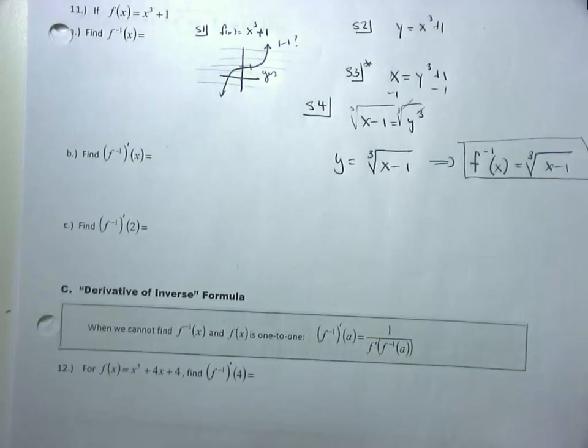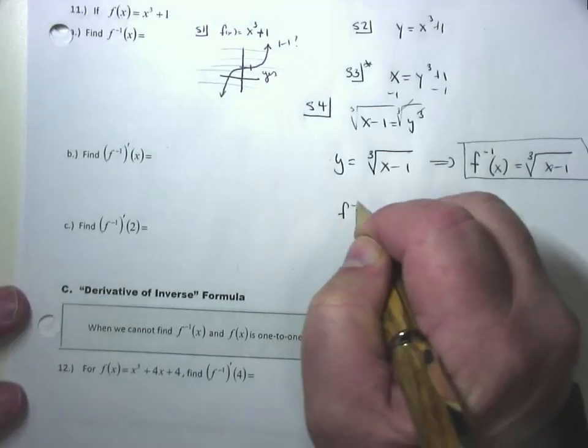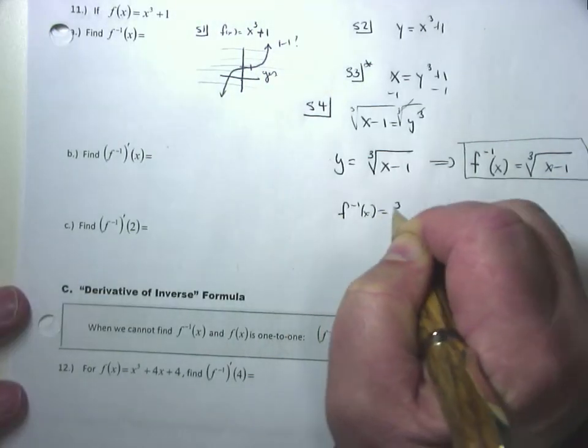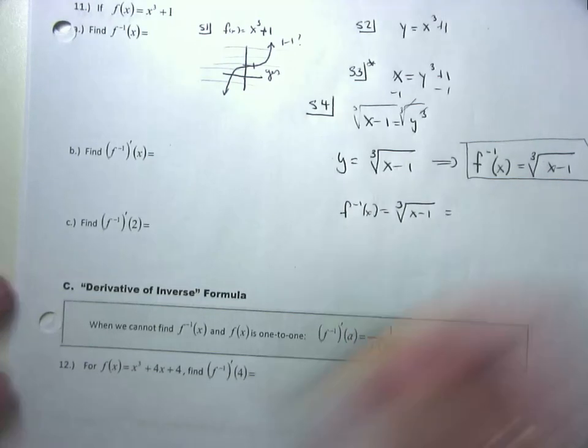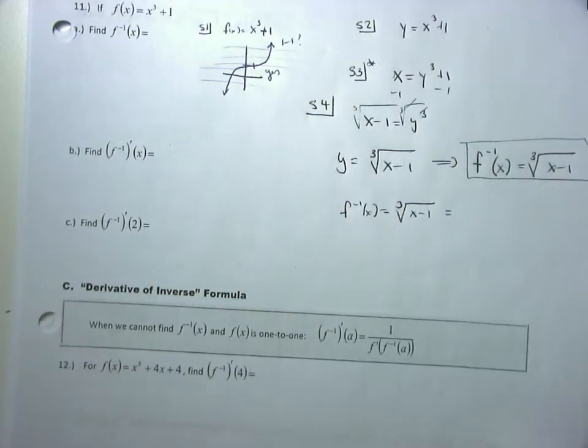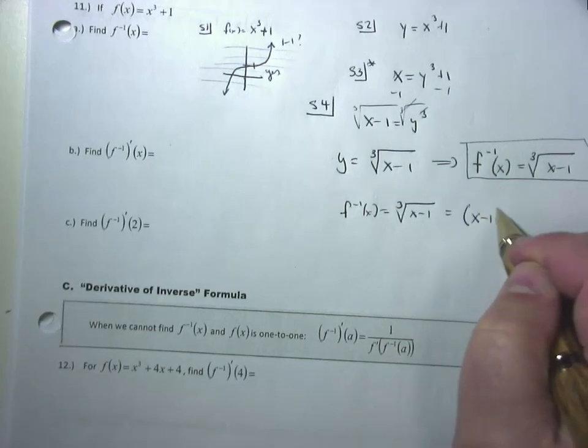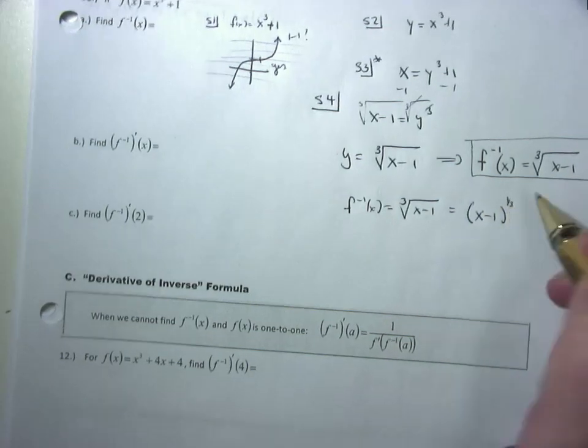Okay? So f inverse of x is equal to this weird cube root of x minus 1, but I don't do cube roots. What's a cube root also known as? 1/3 power. So this is x minus 1 to the 1/3 power.